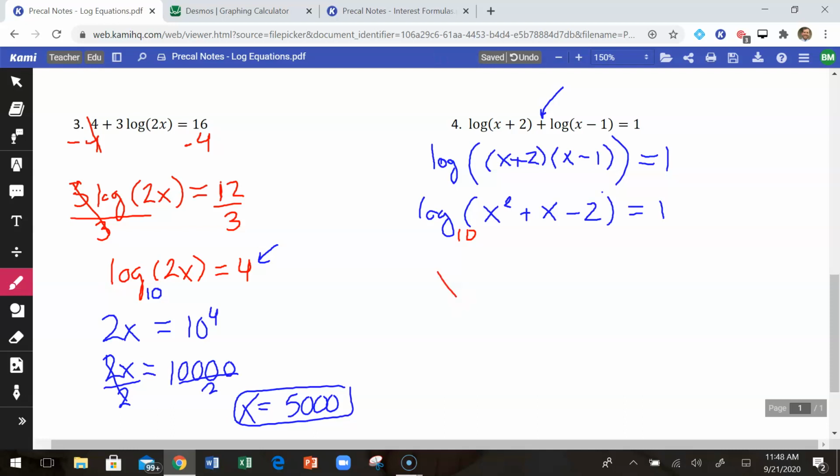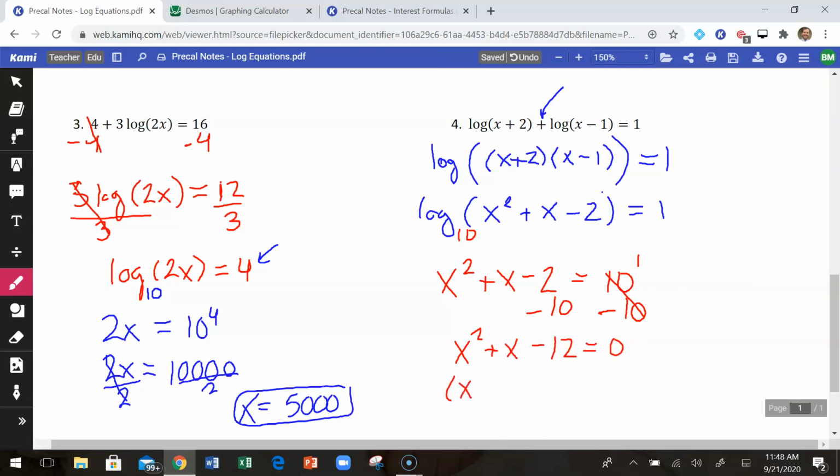So I'm going to take the stuff on the inside, which is x squared plus x minus 2, and set that equal to 10 to the first power, which is just 10. Because this is quadratic, I'm going to subtract the 10 to get this equal to 0. So we have x squared plus x minus 12 equals 0.